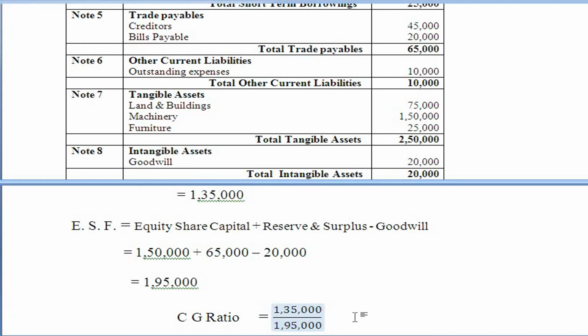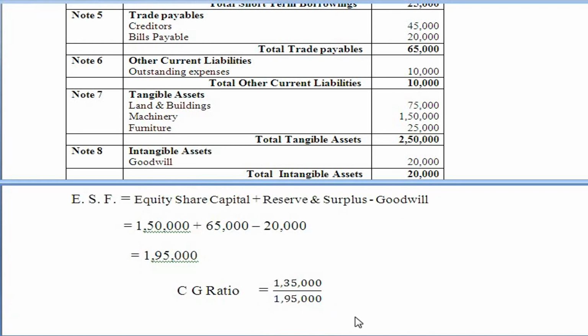So next line write answer, 1,35,000 divided by 1,95,000 is equal to, how much is the answer of capital gearing ratio?